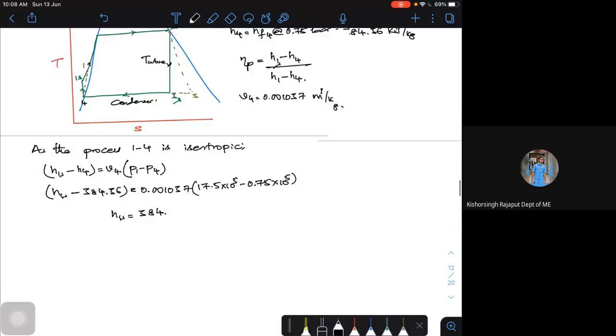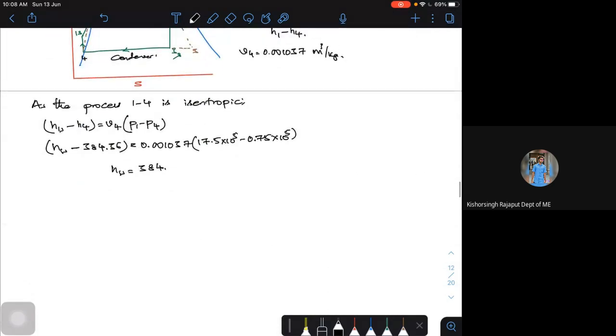This is actually into 10 to the power of 3: 384.36 into 10 to the power of 3. So H1S minus 384.36 gives about 386. Yes, numbers are fine.